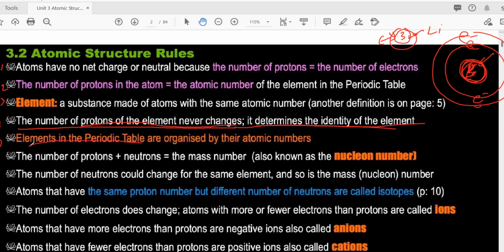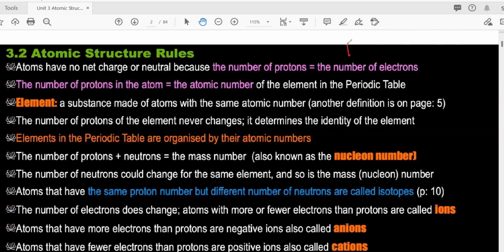The elements in the periodic table are organized by their atomic number. If you see the periodic table, you will find two things. Here you can find the groups like this, and then you find the periods in this horizontal line. So in the periodic table, elements are arranged according to their atomic number.